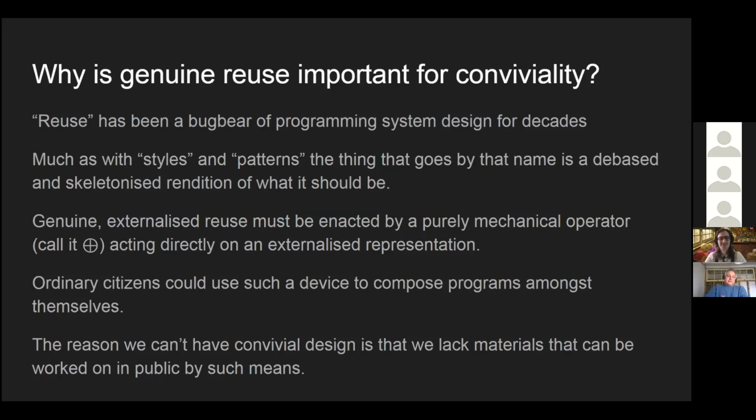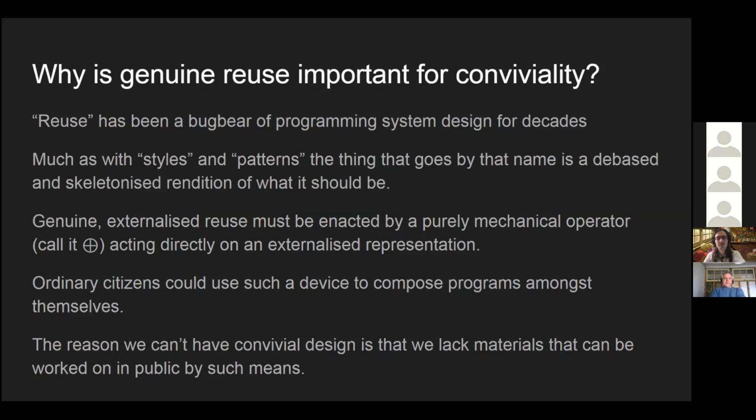So reuse, all of these strange debased terms that we kick around, reuse has been a bugbear of programming system design for decades, and there are so many programming language developments that purportedly support it. And as Philip remarked in his critique earlier in the week, most of these approaches to reuse actually positively defeat reuse as actually practiced.